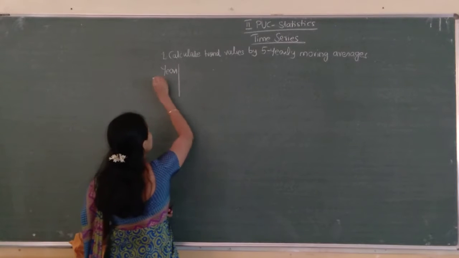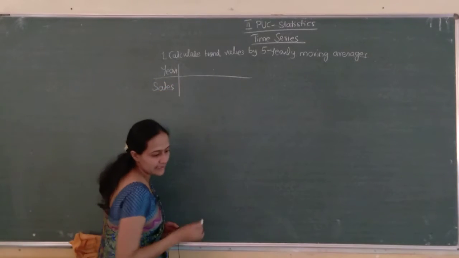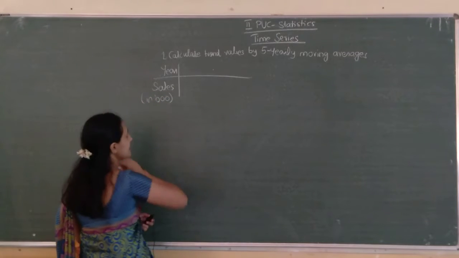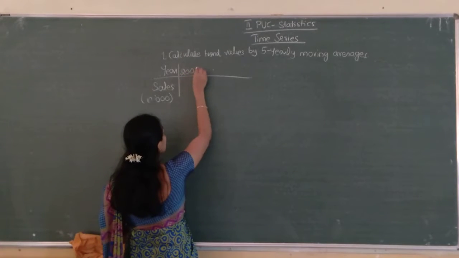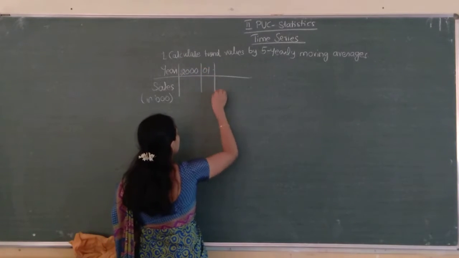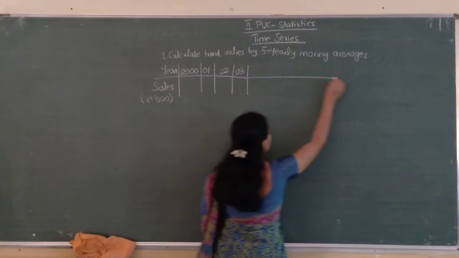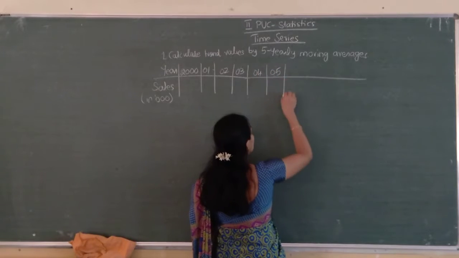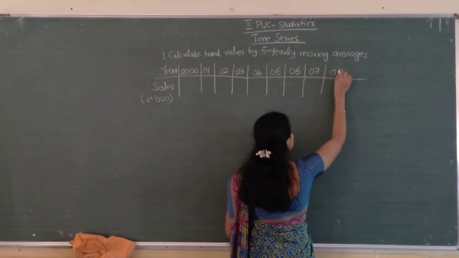Year, sales in thousands. Year 2000 onwards: 2000, 2001, 2002, 2003, 2004, 2005, 2006, 2007, 2008.